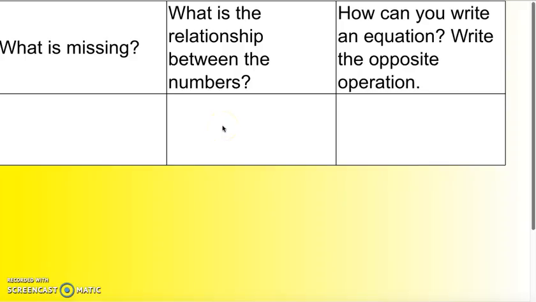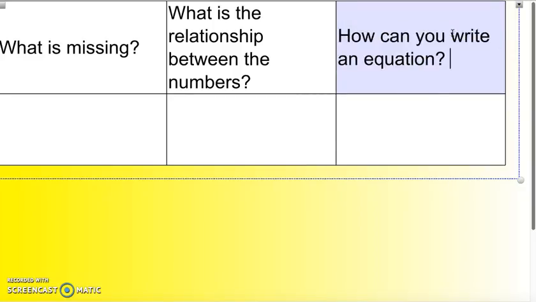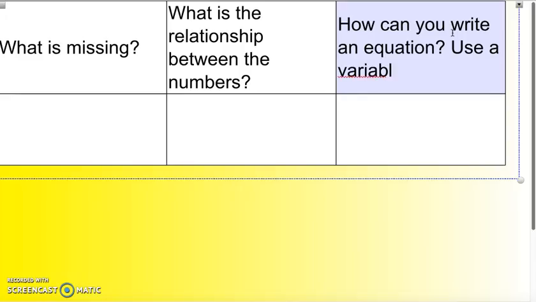Are they being subtracted, multiplied, divided, etc.? And then how can you write an equation for that situation? I'm going to say that we are going to use a variable within the equation.